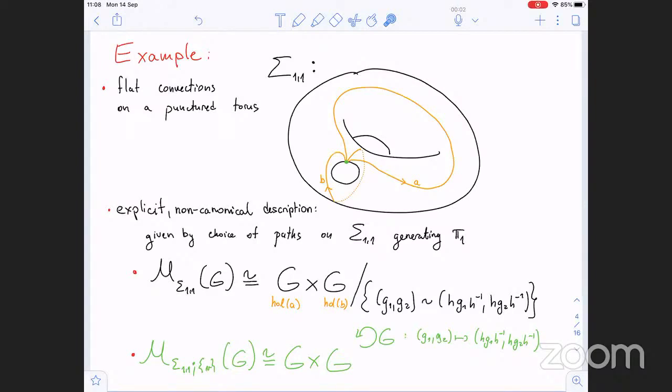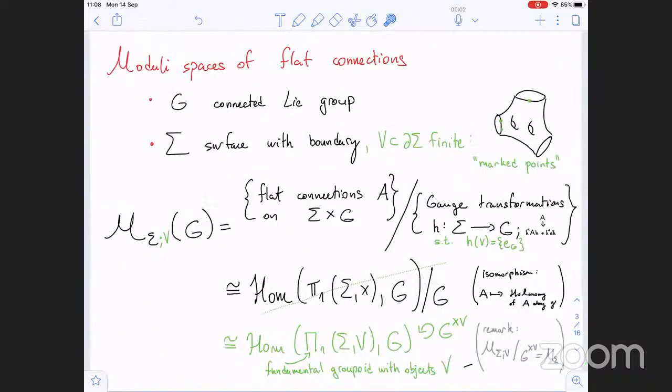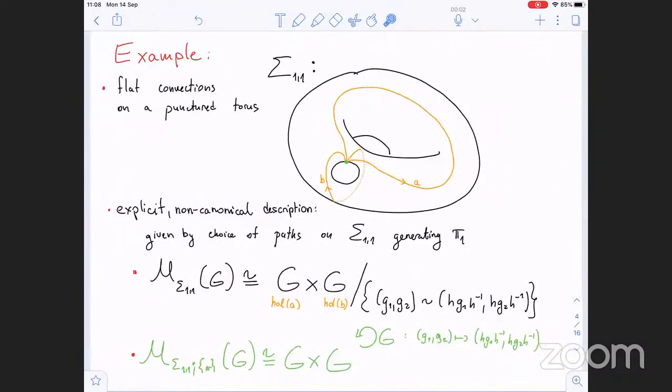There is a non-canonical description, and you have to choose some paths that generate the fundamental group. Because if the surface has a boundary, this fundamental group is free, so you just need to specify the value of this morphism on generators. So here one can choose generators like this, A and B.